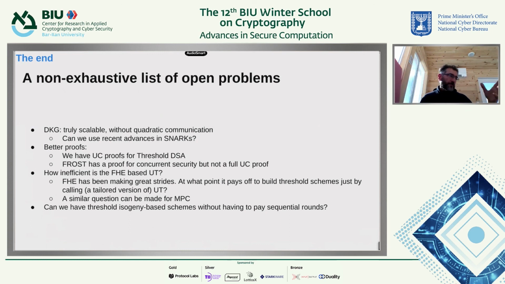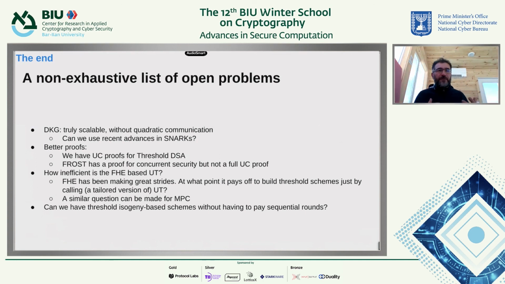I'm just going to, or the next threshold scheme, I'm just going to call my universal thresholdizer, maybe tailor it in some way and get my one-round threshold version. And by the way, a similar question can be made for MPC, right?